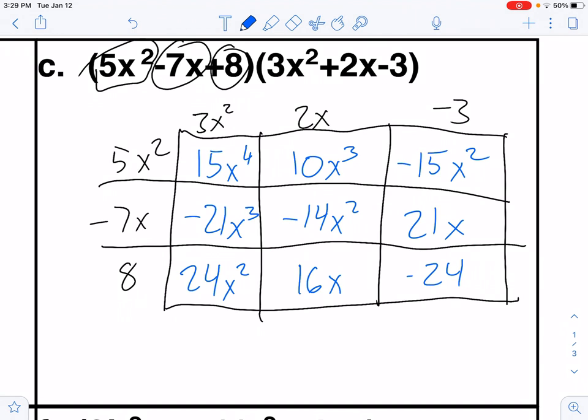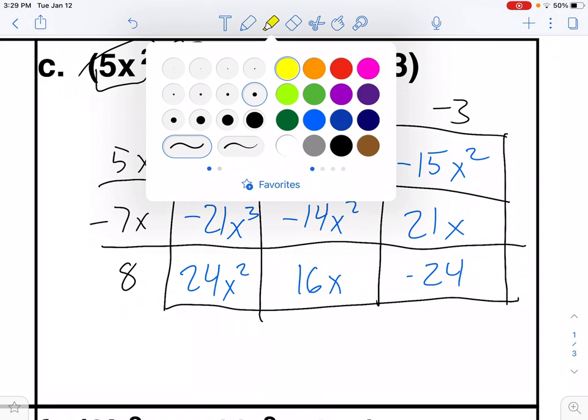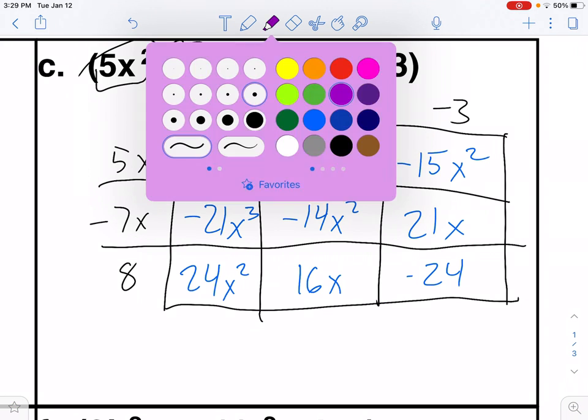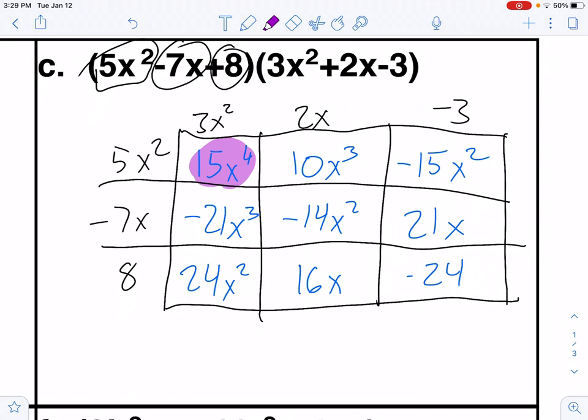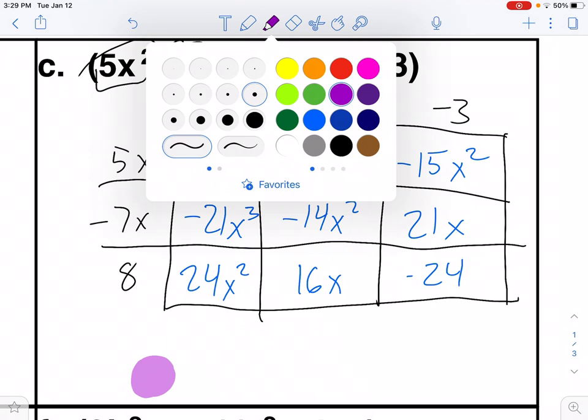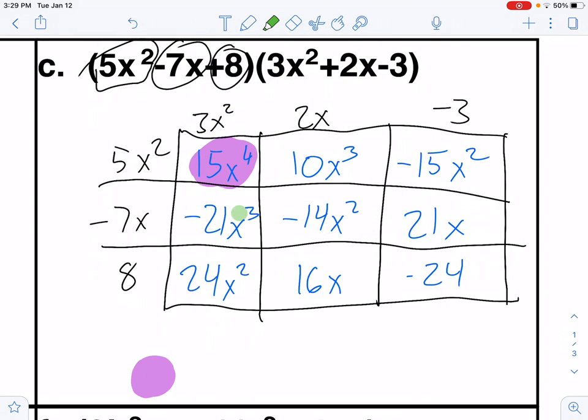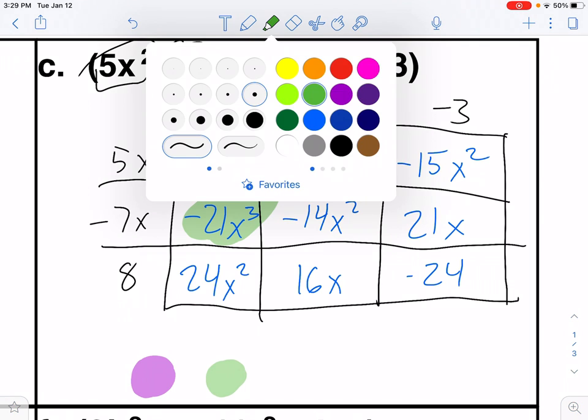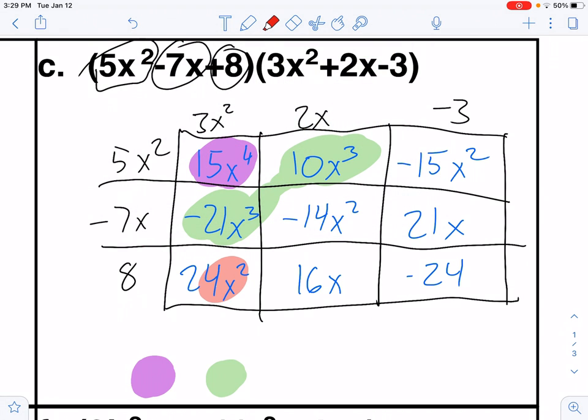Okay, so this one is kind of a lot of writing, but what you notice is it organizes your work pretty nice. I'm going to get a purple answer here. These are like terms. I'm going to get a green answer here. These are all like terms.